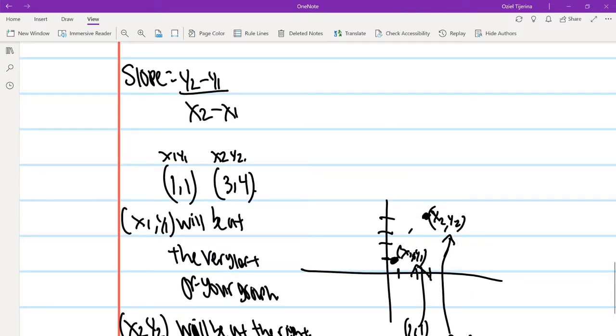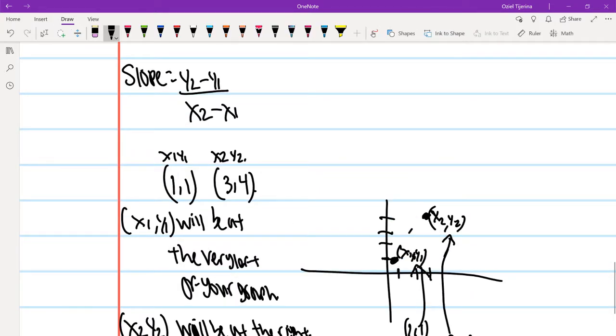And our slope, according to this, you have x1, and then y1, and then you have x2, and then y2.